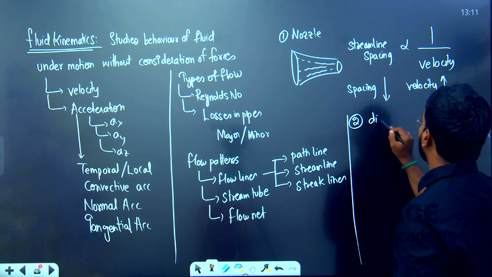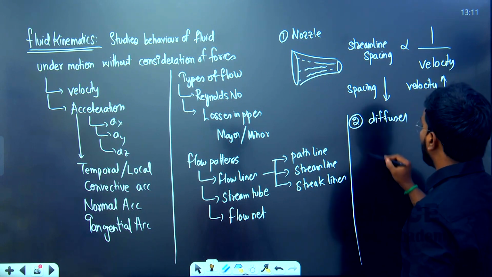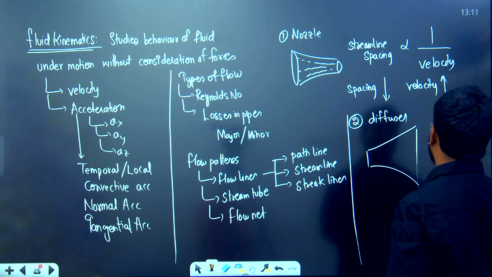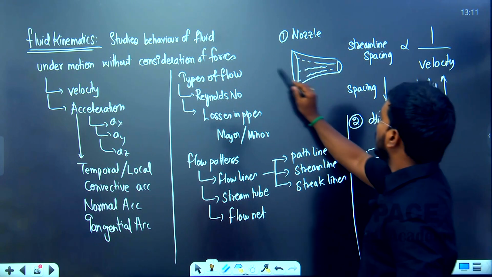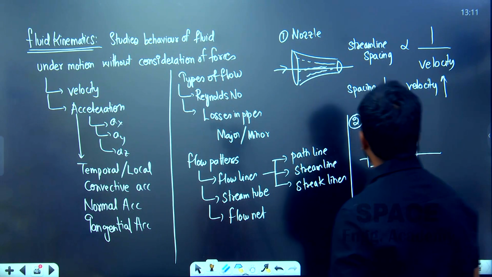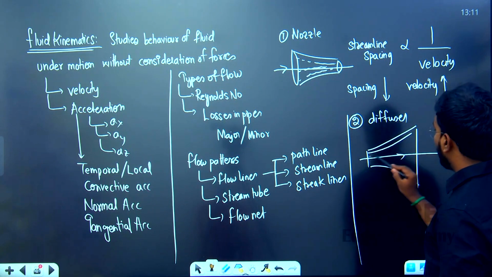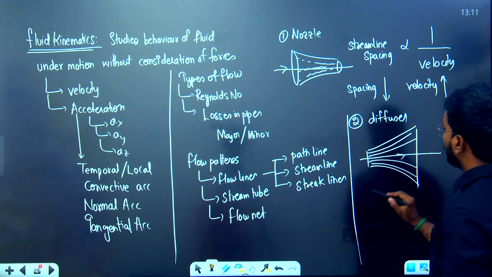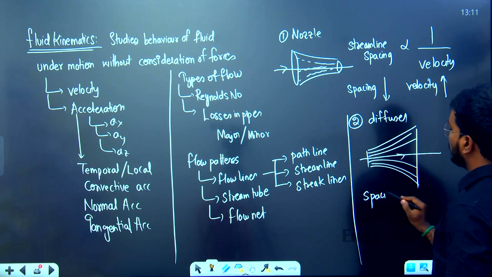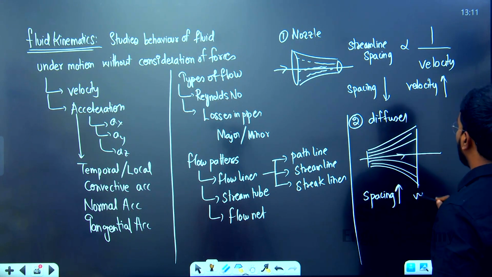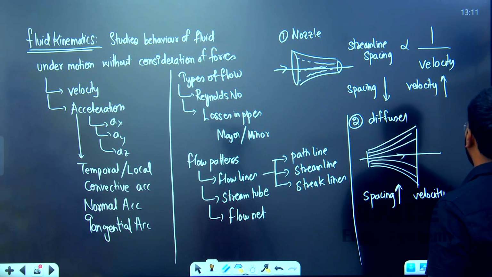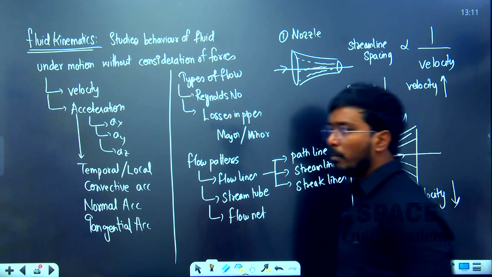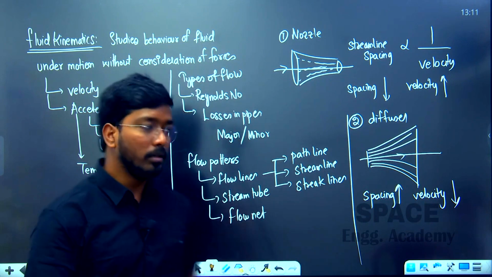The diffuser works opposite to the nozzle: the area of cross section increases from entry to exit, whereas here the area of cross section is decreasing. When the flow lines move away from each other, the flow line spacing increases. What happens to the velocity? Velocity decreases. But discharge remains constant.